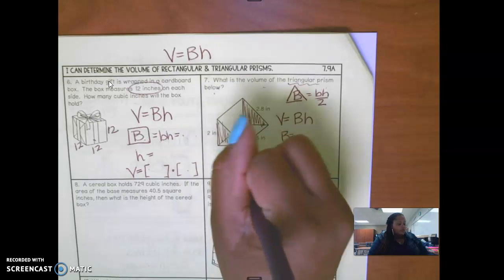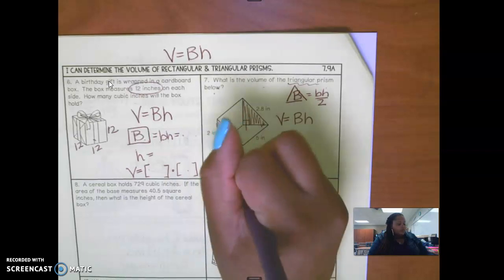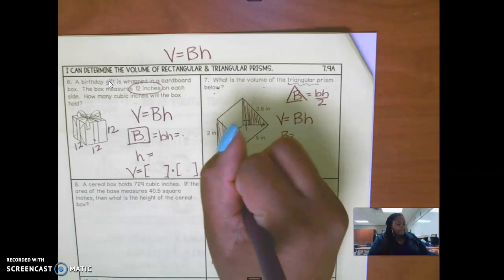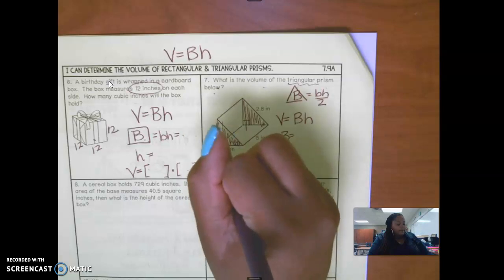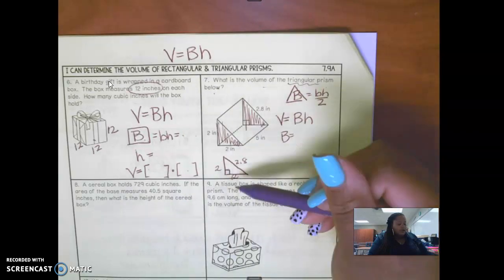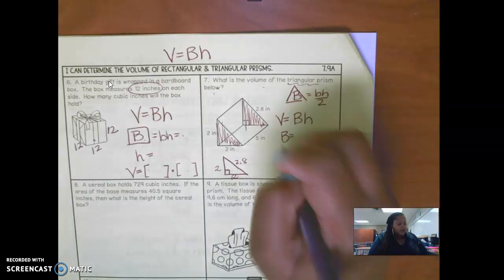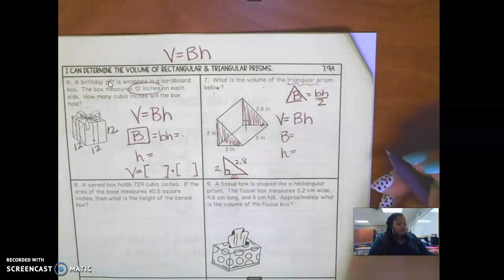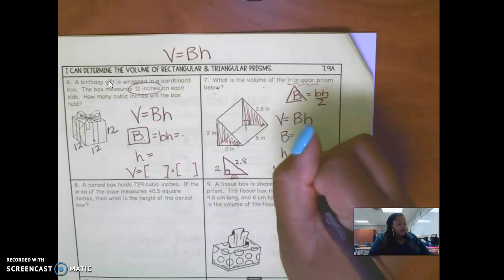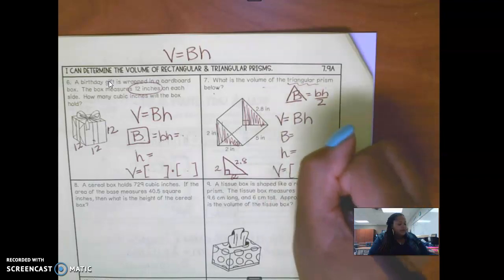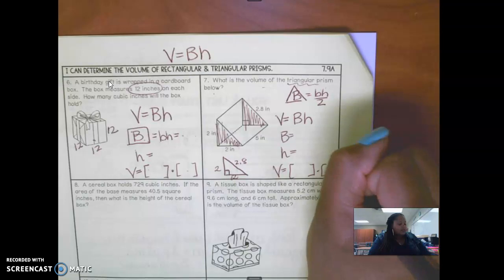Draw it out. One of these numbers I won't need because it's not a base or a height. Find the height of the prism. Multiply big B times height.